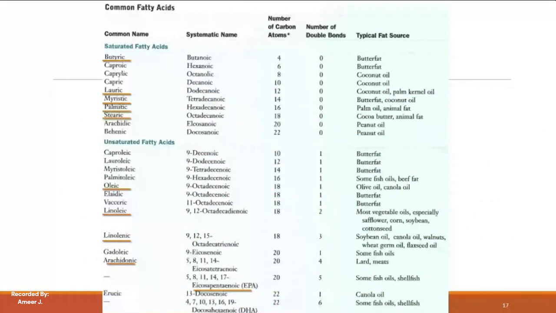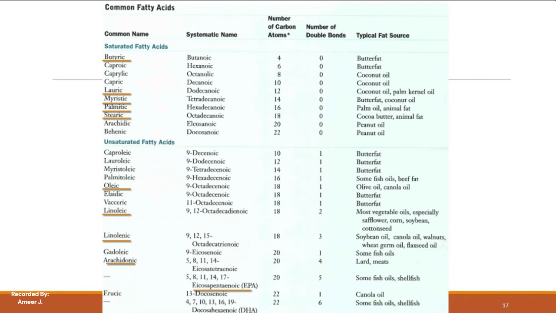Please pay attention to the opposite table. It's important. A list of the most common fatty acids is included in this table: butyric, lauric, myristic, palmitic, and stearic.